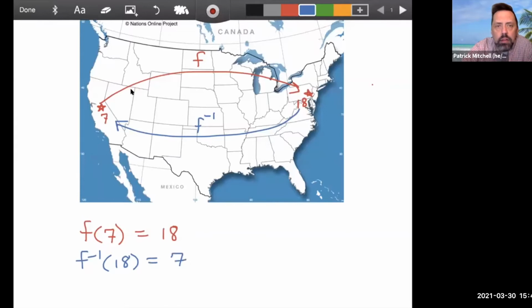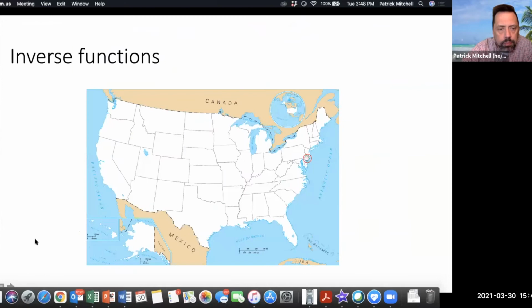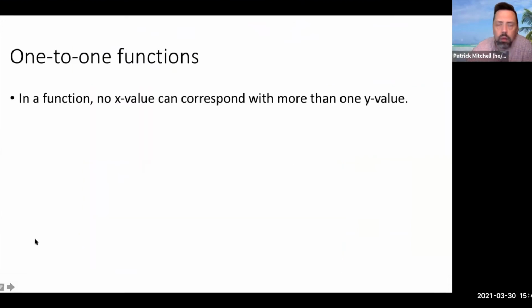All right, so going back to the presentation. Now in order for this idea of an inverse function to make sense, the function has to be what's called one-to-one. So remember that in a regular function, no x value can correspond with more than one y value.